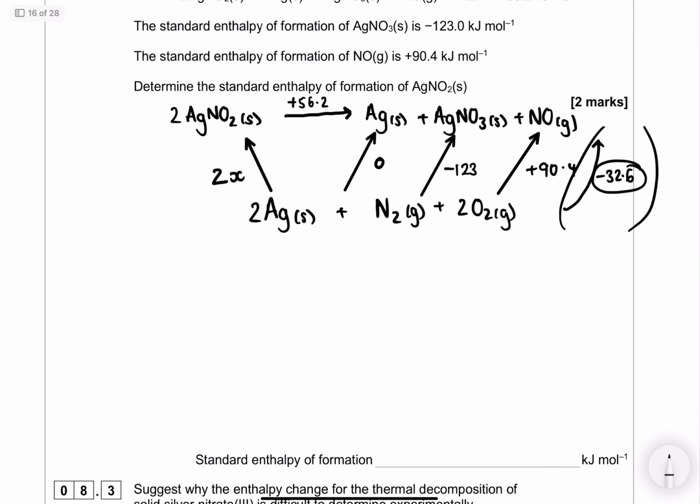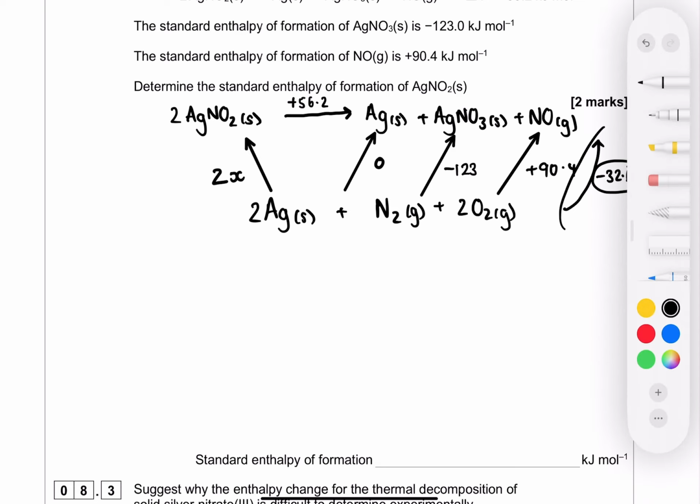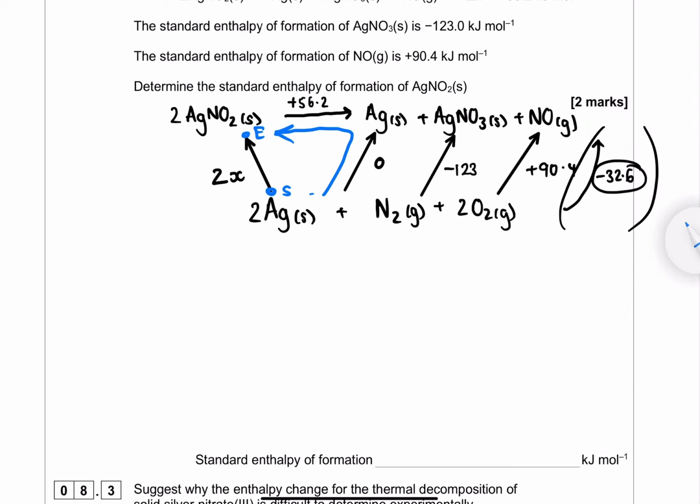So using Hess's law, the arrow we want to find starts here and ends here. So according to Hess's law, we could go this other way. And so we're saying that 2x is equal to, so in total our arrows on the right hand side pointing up were minus 32.6.